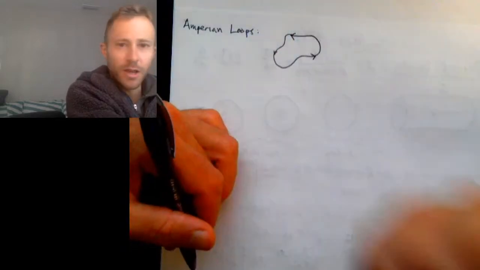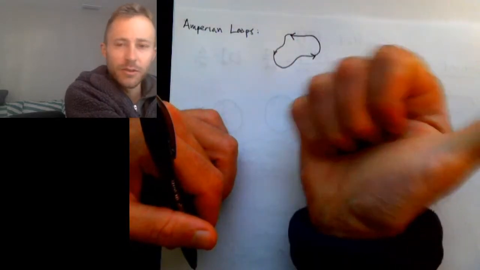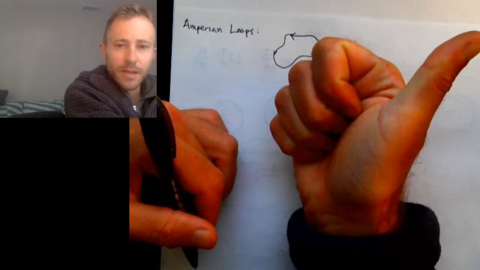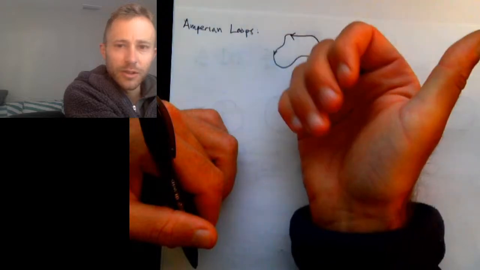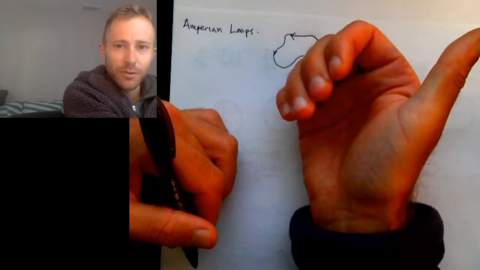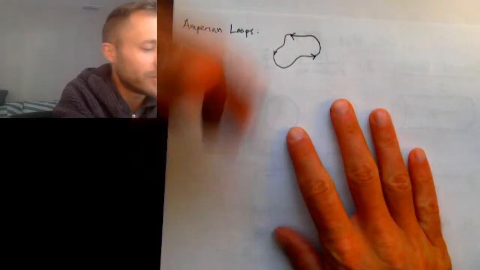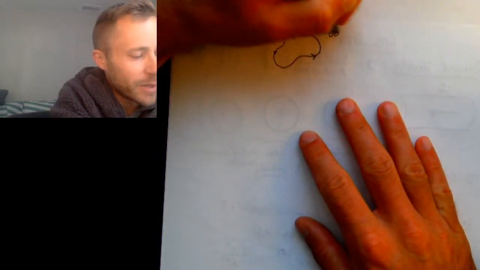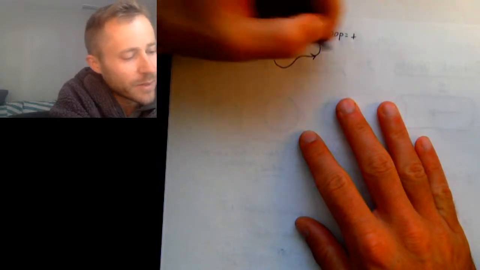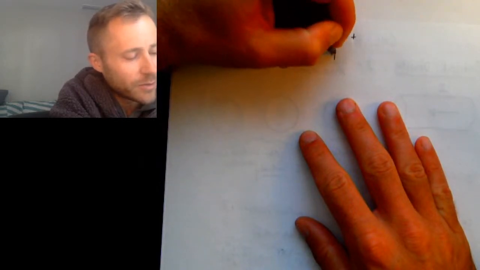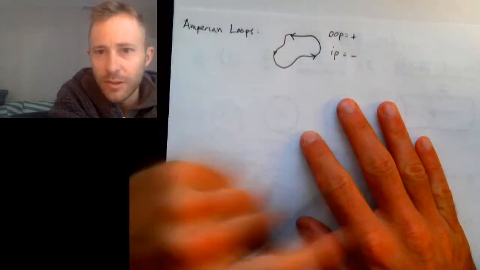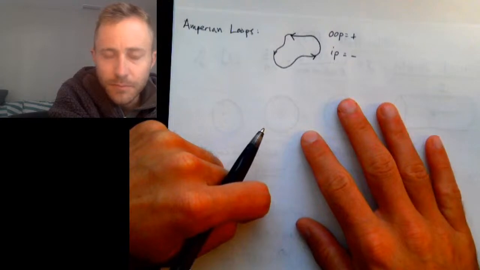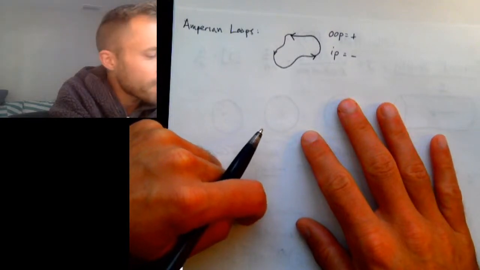So I take my right hand, put my thumb in the direction of the flow around the loop, and you can see that my fingers are curling out of the page. So basically, for this loop, out of the page equals positive, and into the page is negative.